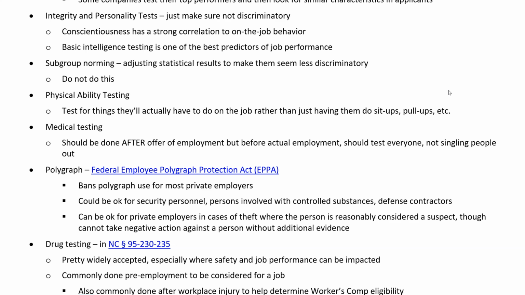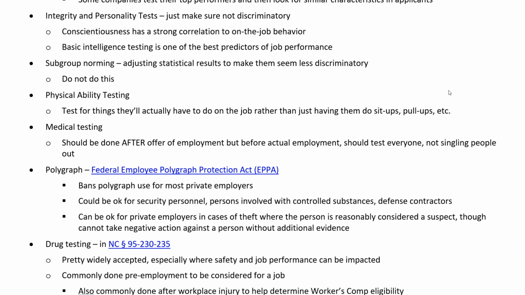Some jobs will have you do a physical ability test. Thinking about jobs that are much more physical labor related, that usually is where you'll have this physical ability testing. And again, that's fine. You just want to make sure you're testing for things they'll actually do on the job rather than just having them do some type of exercise like how many sit-ups can you do? How many pull-ups can you do? Because there's not many jobs that are going to require you to do like 10 pull-ups, for example.